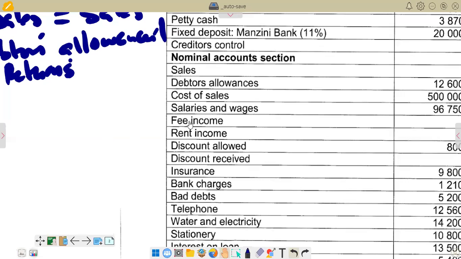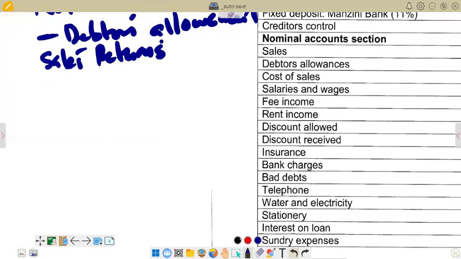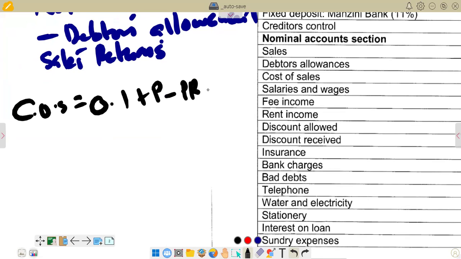So when we are calculating cost of sales, the formula that we use is opening stock or opening inventory. We add our purchases. If you have got purchases returns, we are supposed to subtract them. And then we add our carriage inwards if they are there, and then we also add our customs duties if they are there. Then finally, we are supposed to subtract your closing inventory.